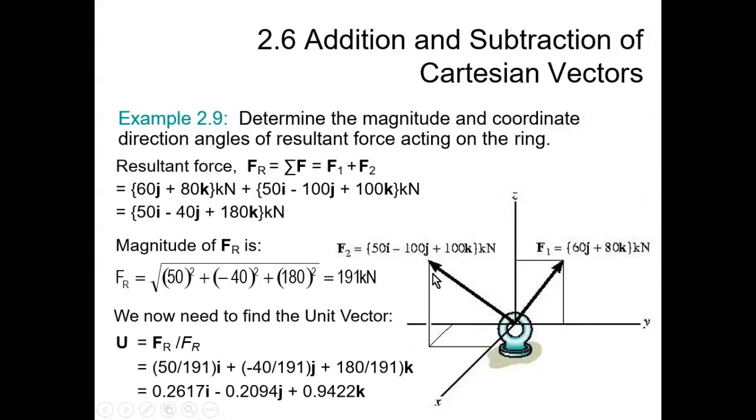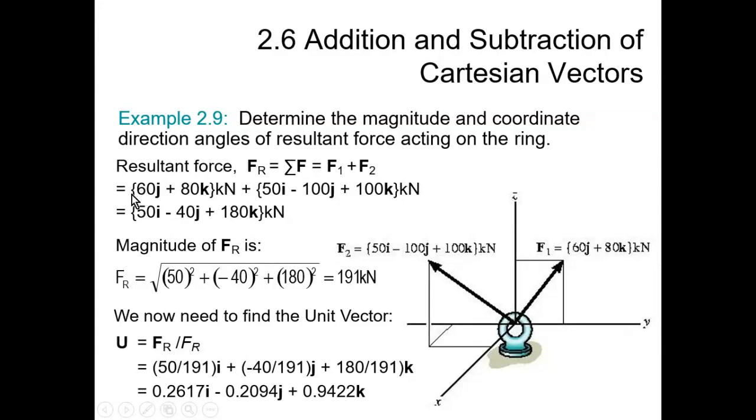All right, so here there are two forces acting on a ring, and you want to add the resultant. Anyone can tell me how do I add them? Yes, simply add all the i components together, add all j components, add all k components, including the sign, and that would result into what?